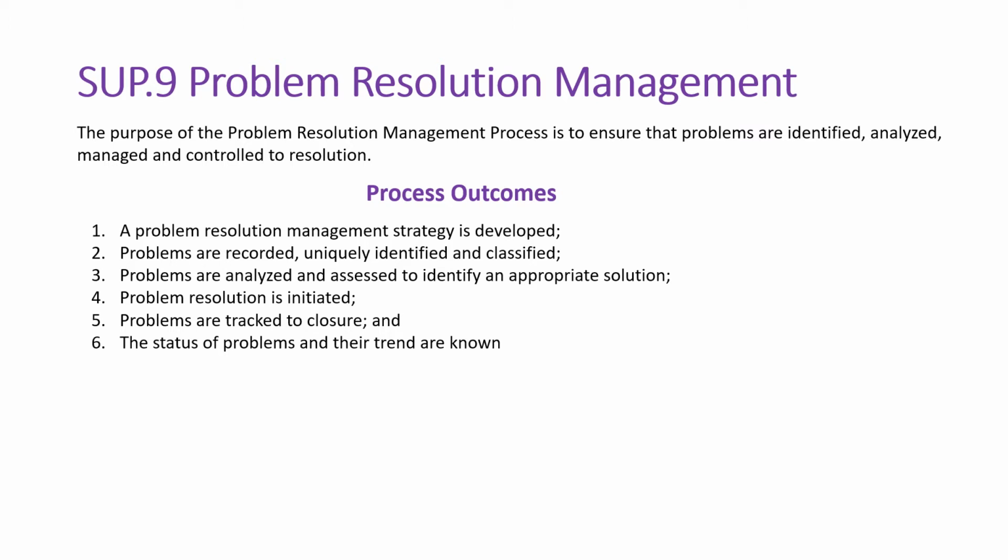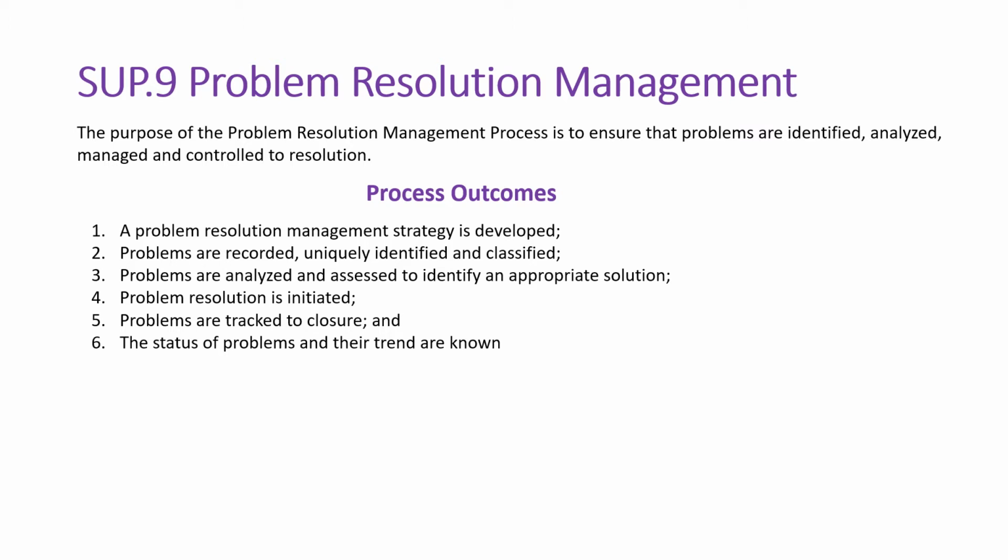So there should be a problem resolution management strategy, or issue resolution strategy, defined somewhere as a part of your project plan. And problems are recorded, uniquely identified and classified.